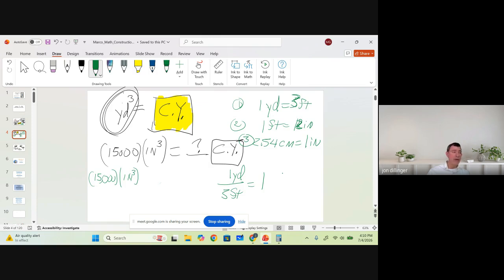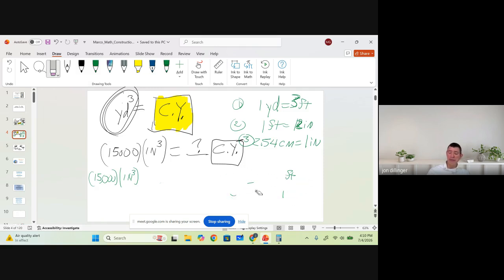But here we have 1 yard in the numerator spot and 3 feet in the denominator spot. But you can also do it like this. 3 feet over 1 yard is equal to 1. These are all the same. So understand that. If you don't, just pause it and understand it.